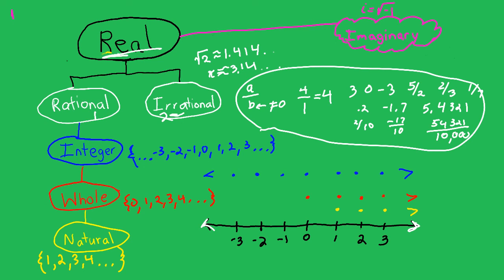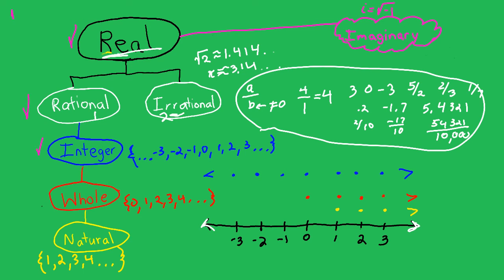So if we find that a number is real, rational, and integer, but it's not a whole number, we don't have to keep going on to see if it's a natural number. If it's not a whole number, you just stop and say it's an integer, rational, and real number. Okay, 1 is a real number, can be plotted on the number line. 1 can be expressed as a fraction.